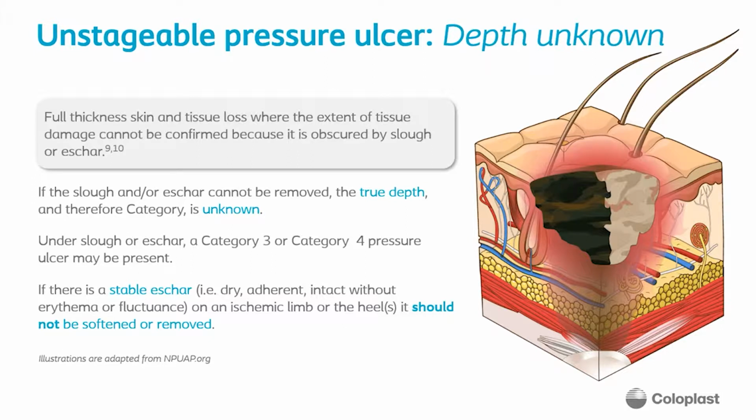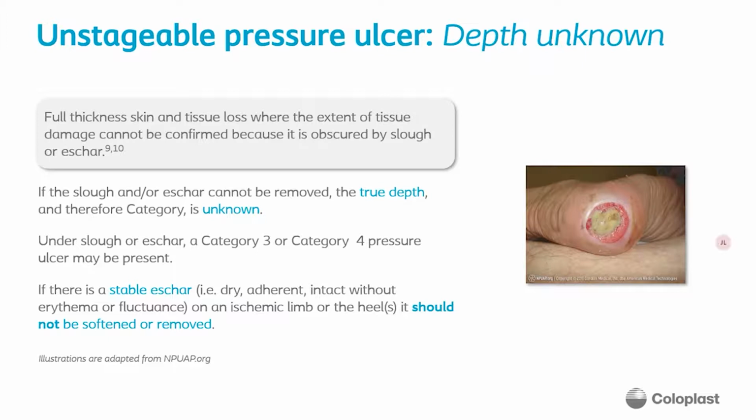It's quite often blocked by, as I say, slough or eschar, that devitalised tissue. We would have to monitor this type of wound and try to debride, if it were appropriate to debride, to get that clean wound bed so that we can really see and establish the category of the ulcer. It's likely to be at this point a category 3 or 4 pressure ulcer that we're seeing.